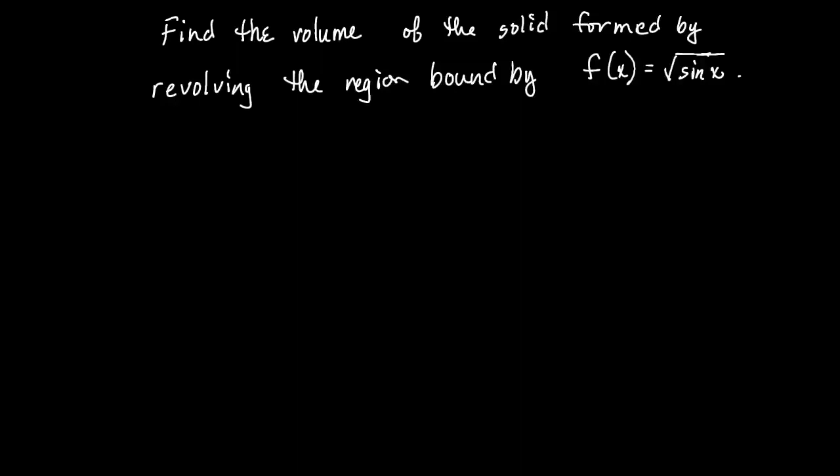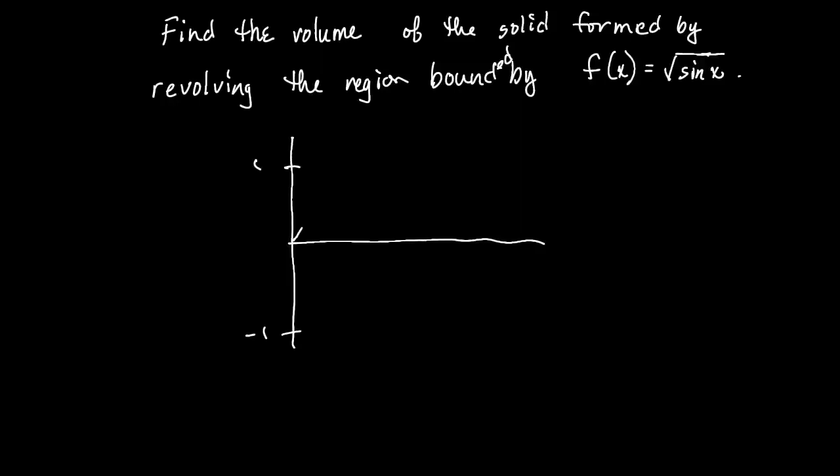Here's an example of what's going on. We're going to find the volume of a solid formed by revolving the region bounded by f of x equals the square root of sine of x. When I graph this, and I'm kind of cheating, I'm looking in the book, page 448, this is positive 1, this is negative 1.